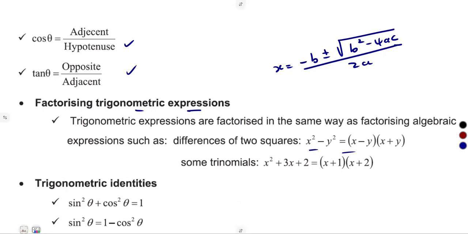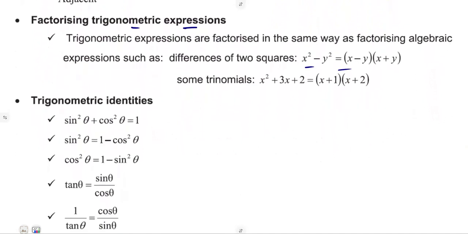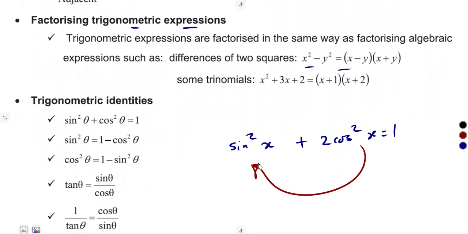And some identities, because maybe you're given an equation which is mixed. There is sine of x, there is also a cos of x in one equation. So we have to change either a sine to be written as a cos or change a cos to be written as a sine.